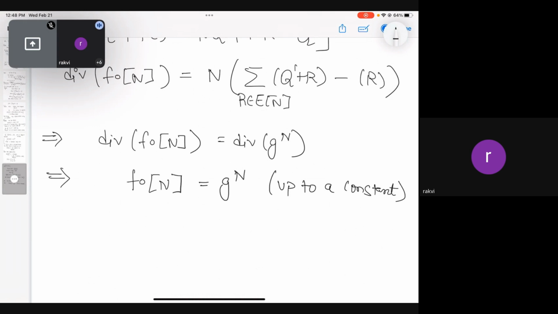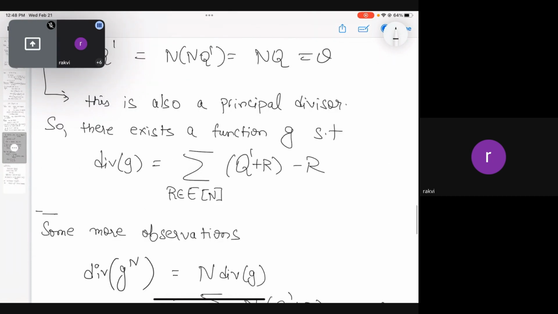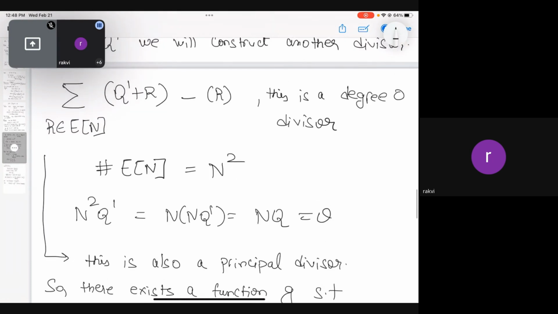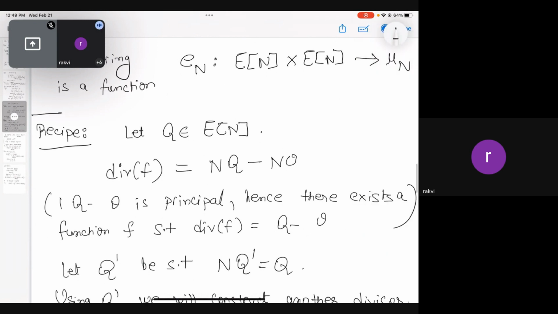But it's only a matter of a constant, so I can always assume that the f that I chose in the beginning, I can adjust it by a constant. So remember, there was a choice, right? So we chose our f. Just so that when you're reading notes again, there should be no confusion, it's always the same.